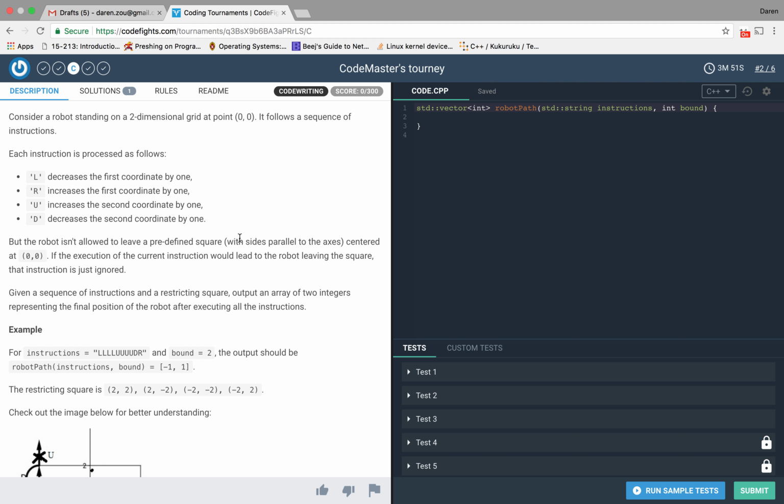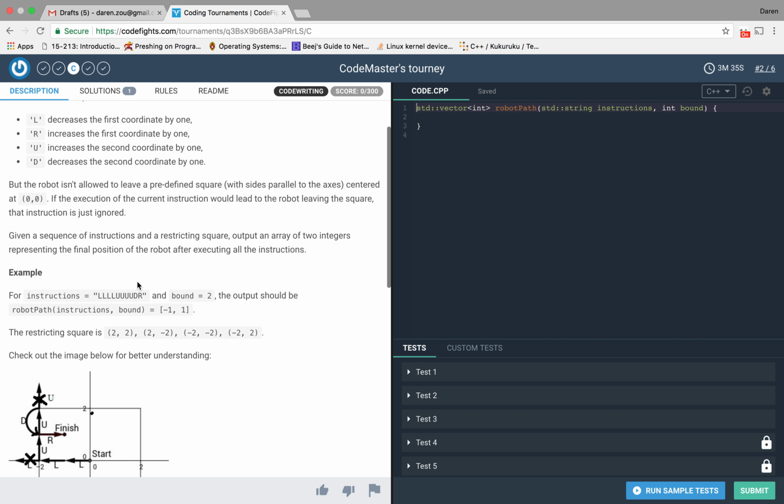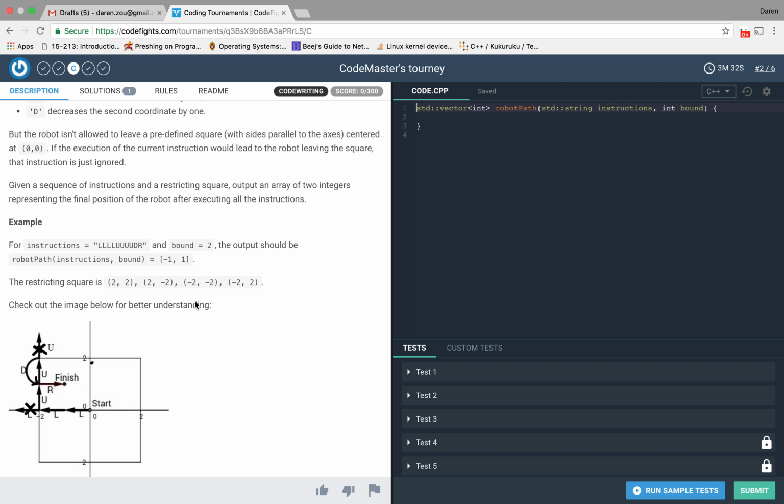Oh, leave a predefined square. Okay. So it starts at 0, 0.